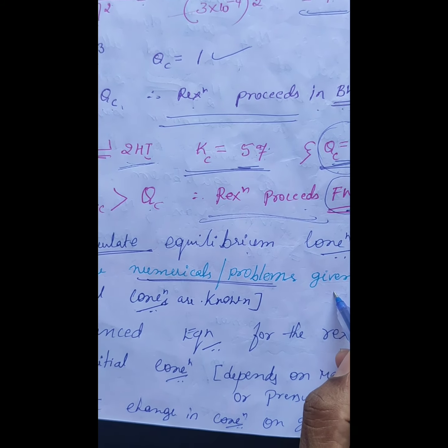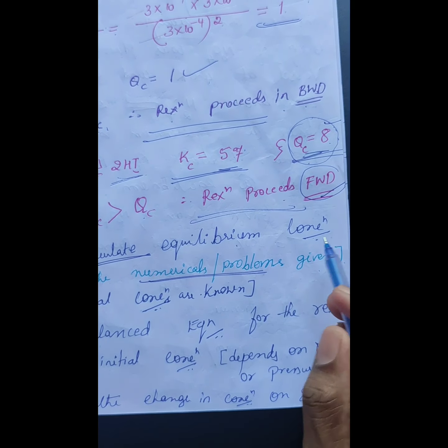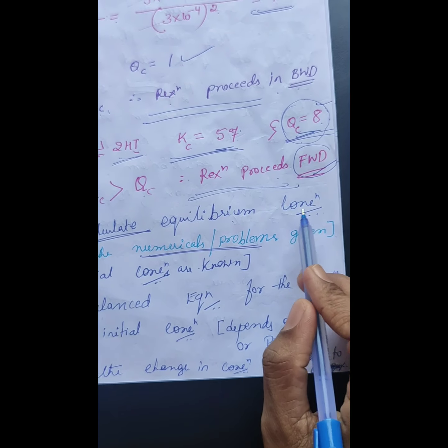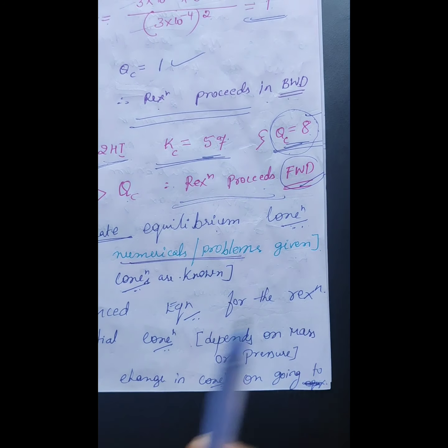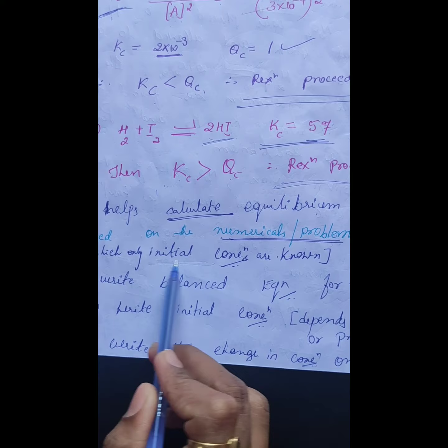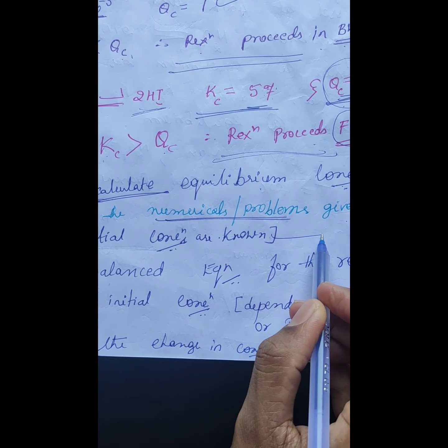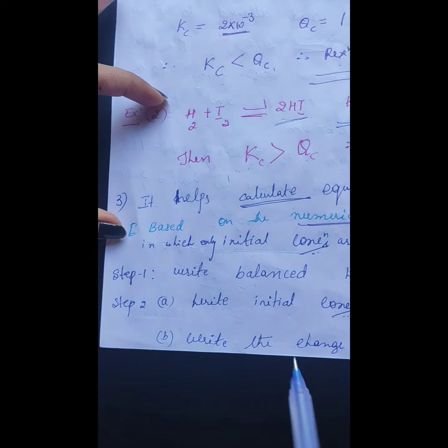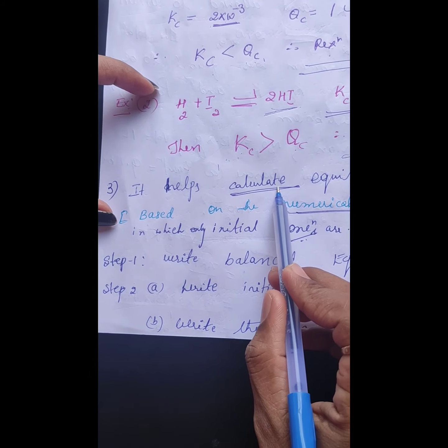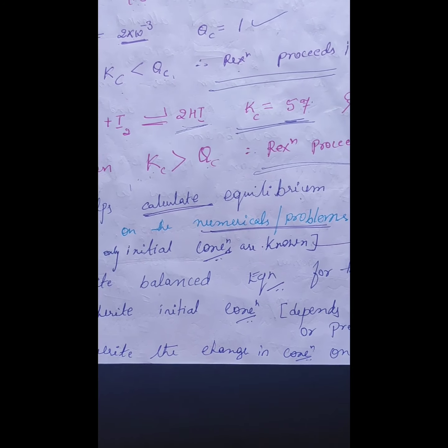Based on that, generally we can calculate the equilibrium concentration, or the concentration of the reactants and products at equilibrium. Initially, in any of the reactions, the initial concentration will be known, right? The rest will be based on the numerical provided, but still there are general rules we follow in order to calculate equilibrium concentration. I will let you know stepwise.